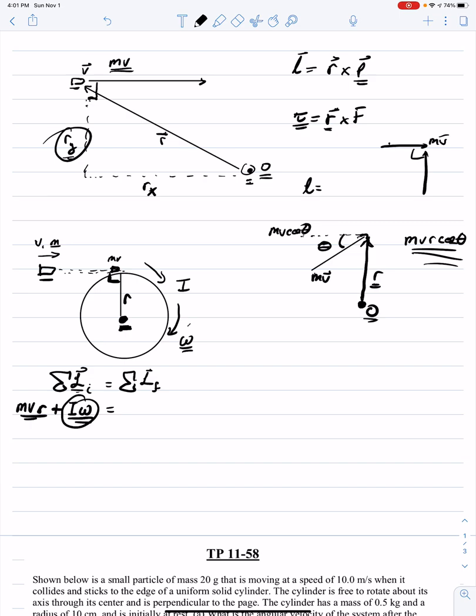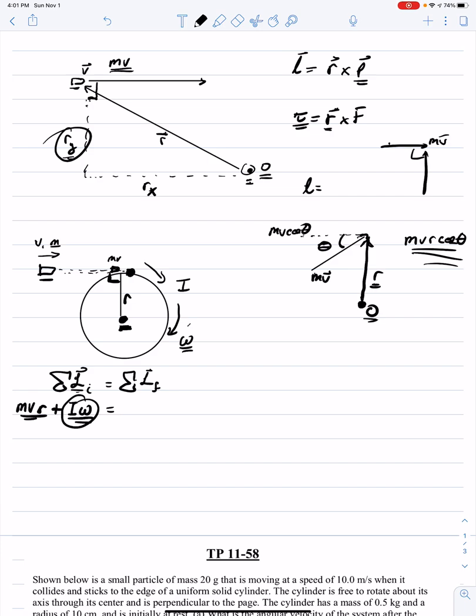Okay? Now, afterwards, these two are together and they hit right here. Now they are together. Now the bullet is a part of the system. So you can rewrite this, since it's a part of the system now.